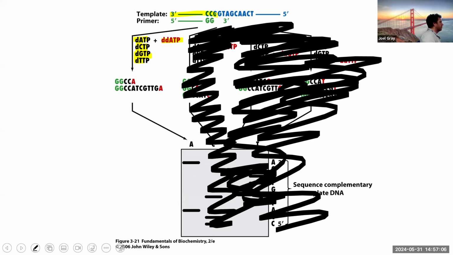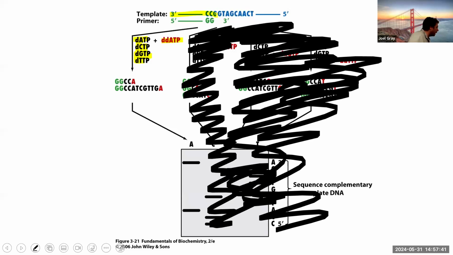Perfect. Okay, and so think about this as the enzyme has 4 different bags. It's got one bag that's dCTP, one that's dGTP, one that's dTTP, and then one that's dATP and ddATP. Okay, so whenever it sees a T, is it going to go to the dTTP bag? No, it's not. It's going to say, I need to get an A there.